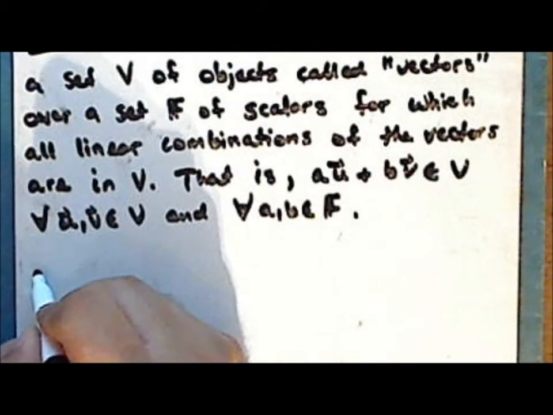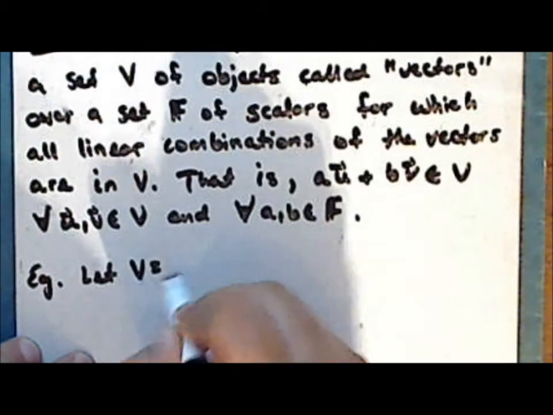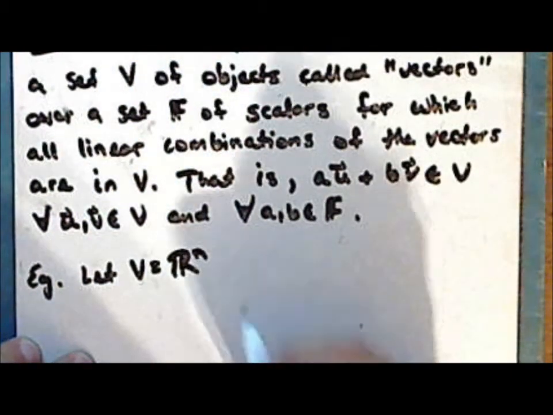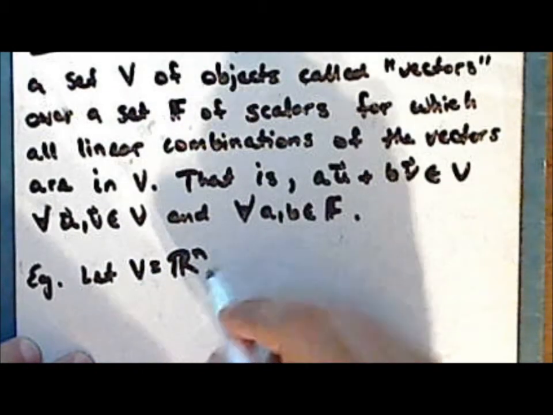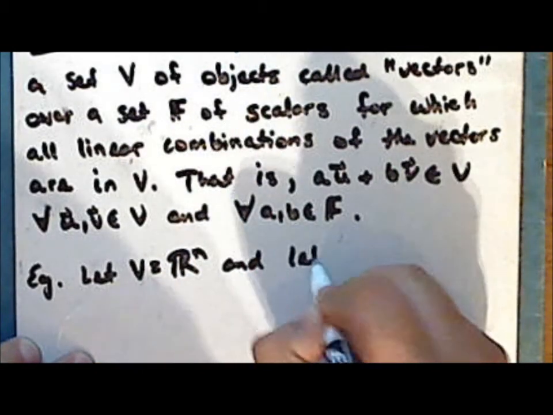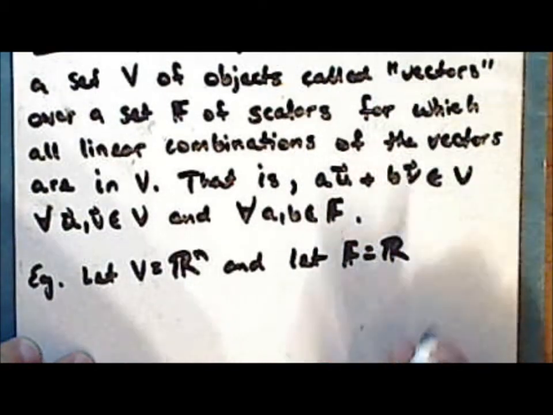So, as an example, let the set V be n-dimensional real space. That is, the set V consists of ordered n-tuples. And let the set F of scalars be the set of real numbers itself.